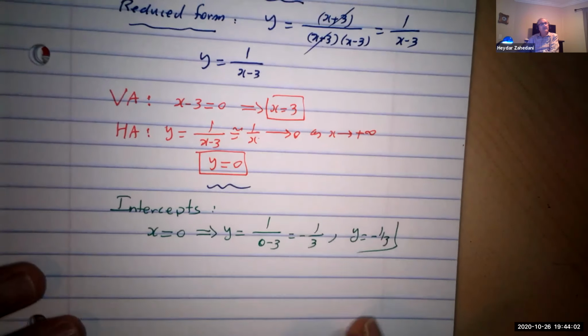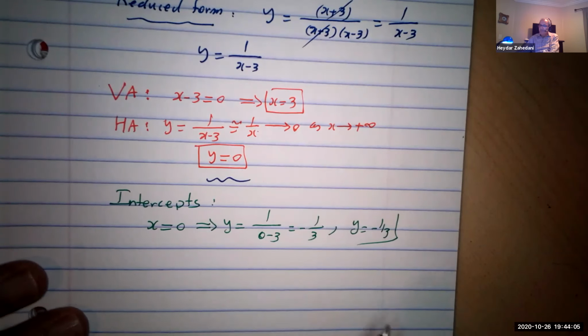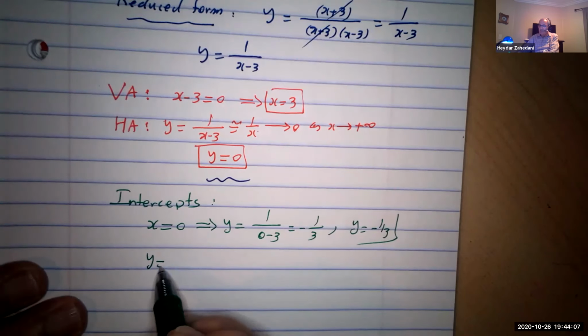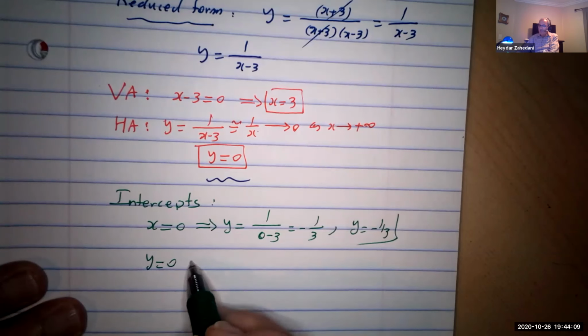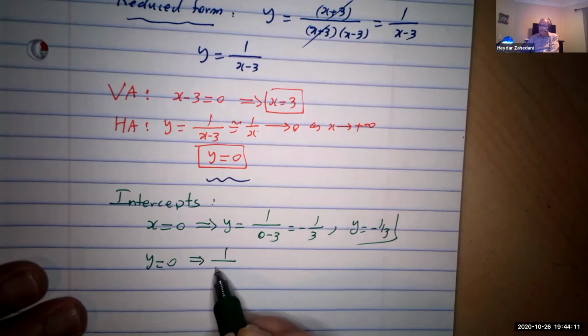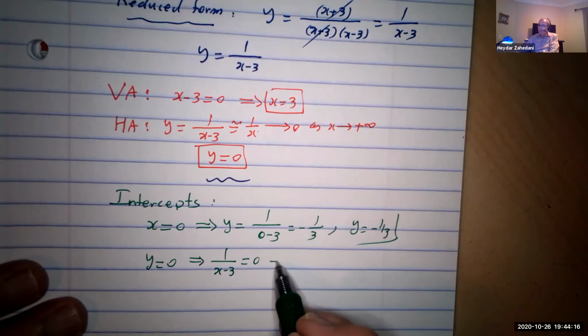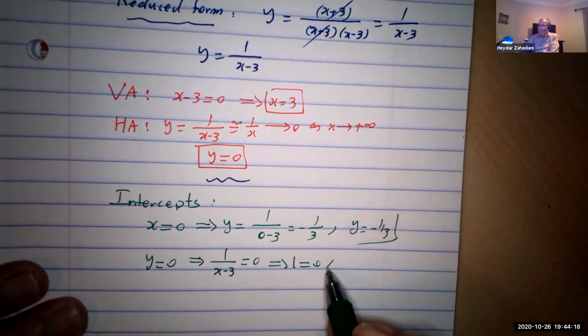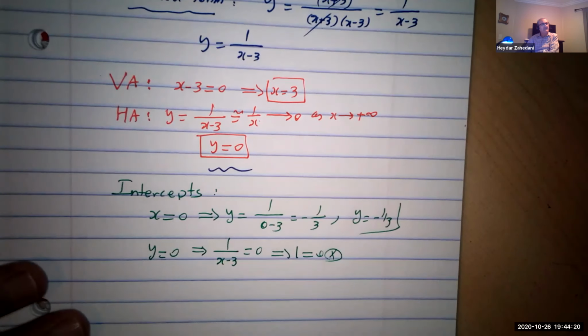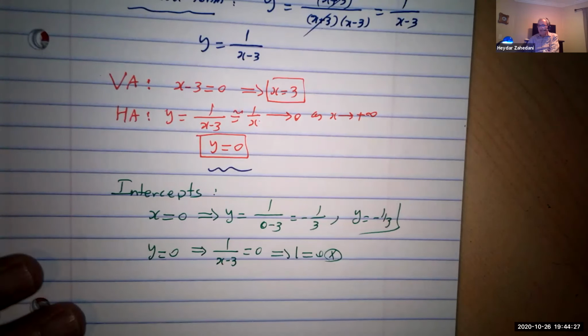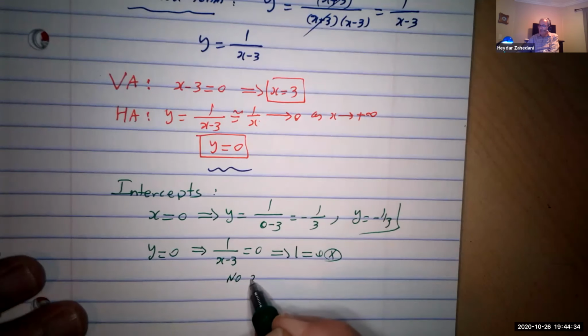This is going to be your y-intercept. You let y equal to 0. Y equal to 0 means a fraction equal to 0. But a fraction is 0 if the top is 0. The top is never 0. So you have no x-intercepts. The graph of the function won't intersect the x-axis. No x-intercept, just for your information.